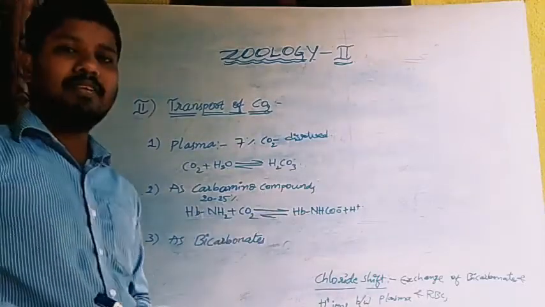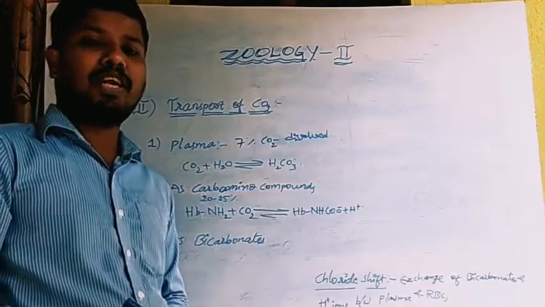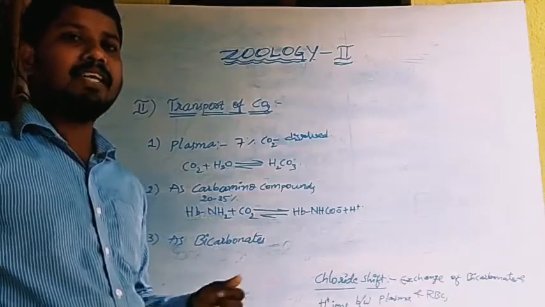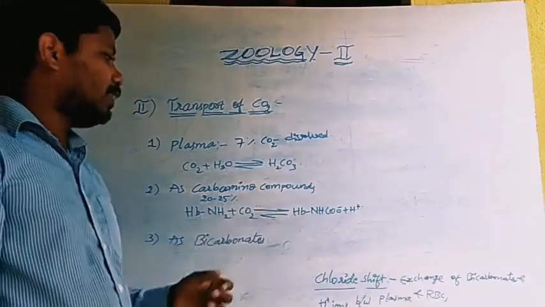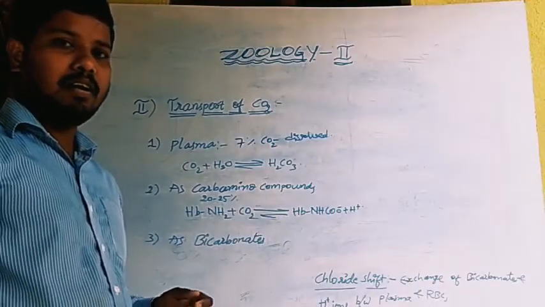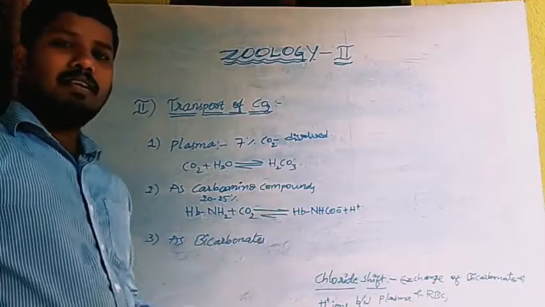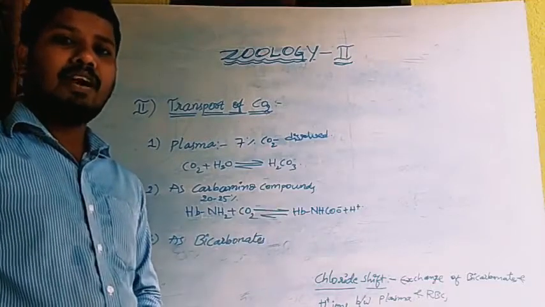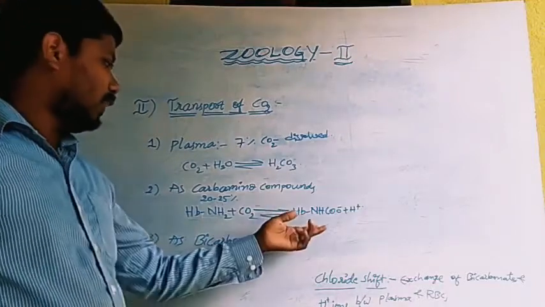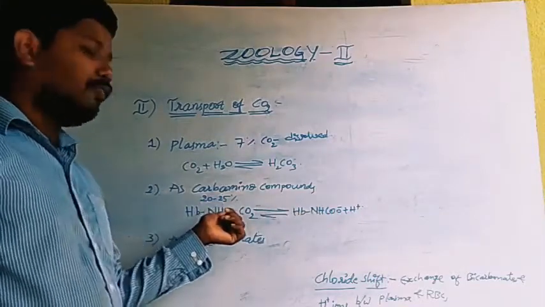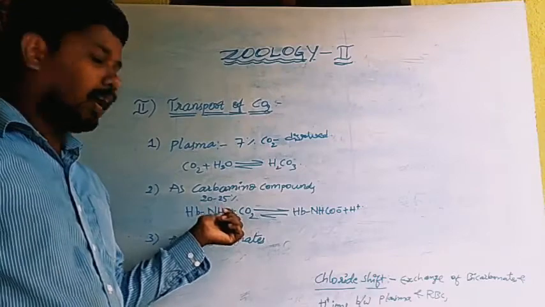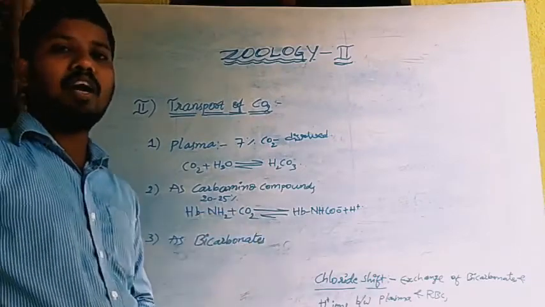This combination is dependent on the partial pressure of carbon dioxide. When carbon dioxide partial pressure is high, this formation is also high. When the partial pressure of carbon dioxide is low, this compound dissociates into the free amino group of hemoglobin and carbon dioxide.